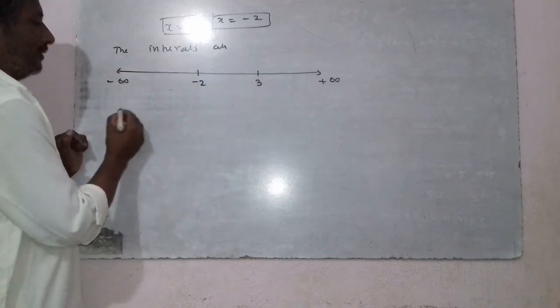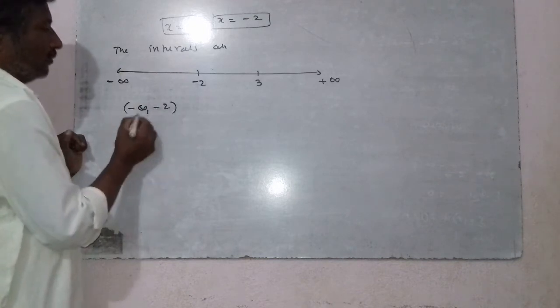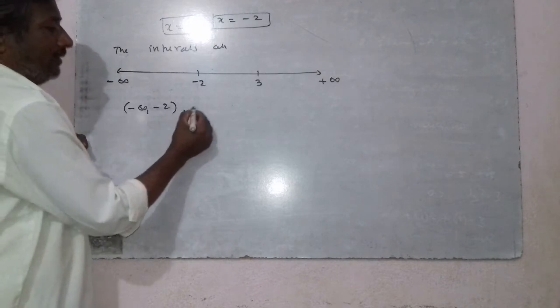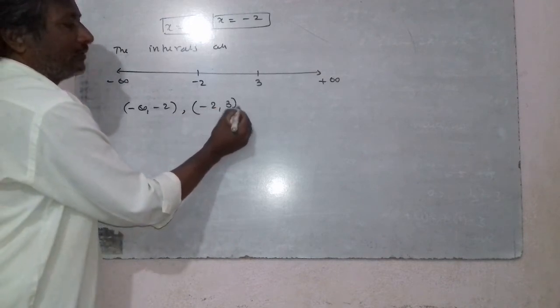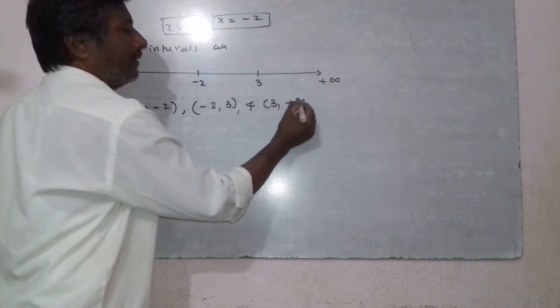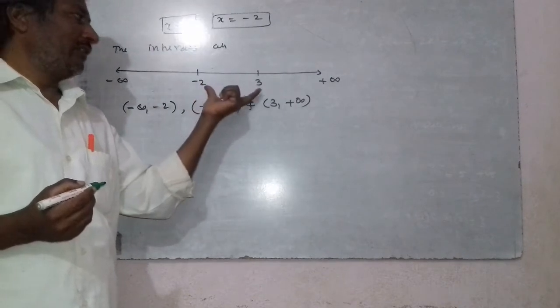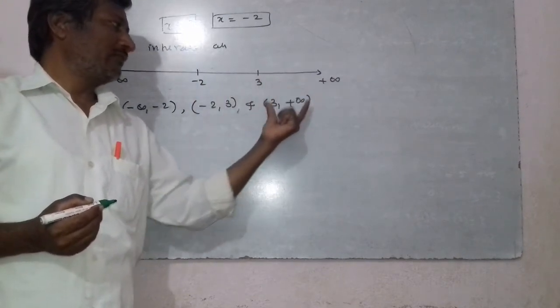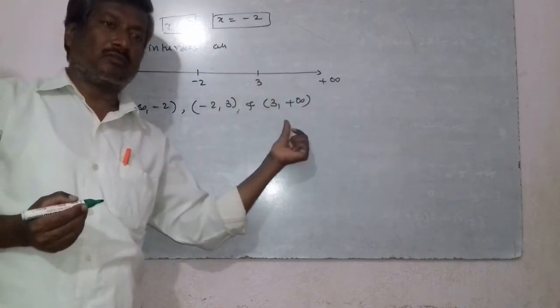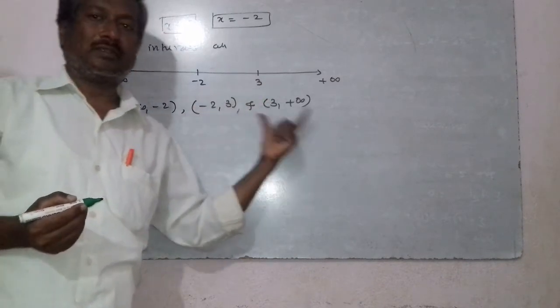So the intervals are minus infinity to minus 2, minus 2 to 3, and 3 to plus infinity. These are the three intervals; we have to check the nature of this function in these three intervals.